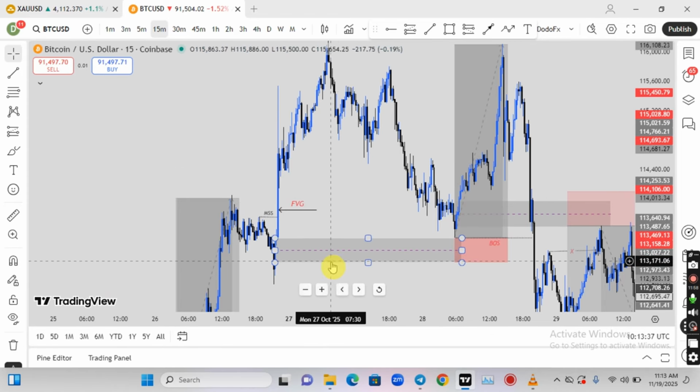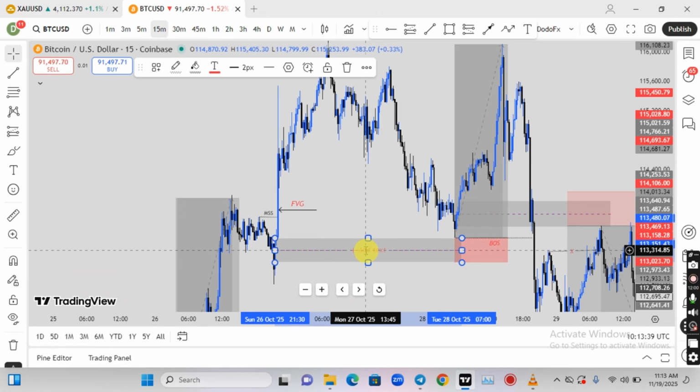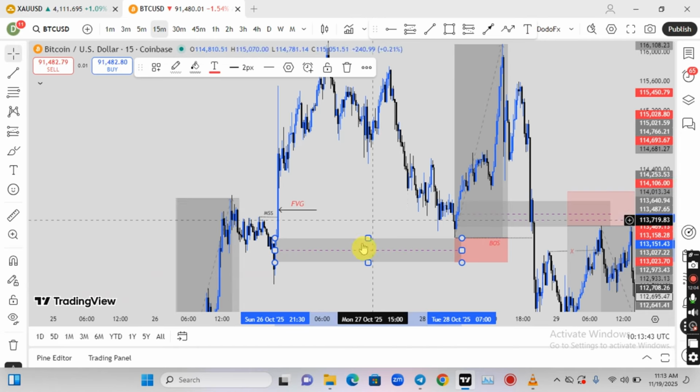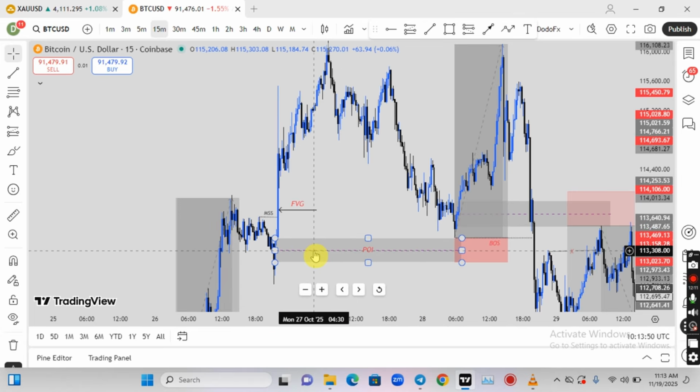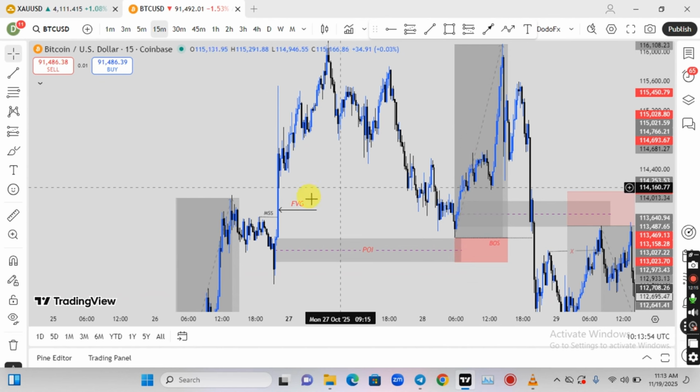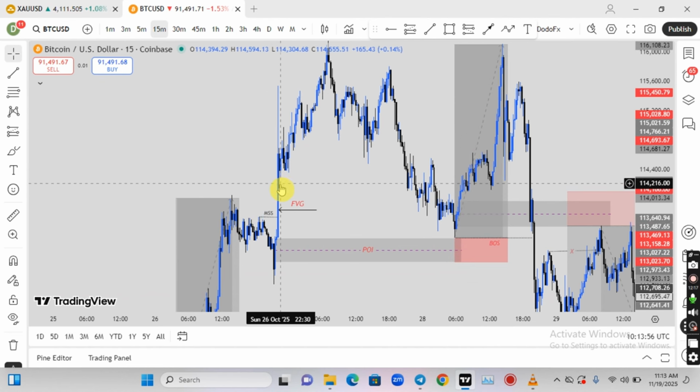Then my point of interest is with these order block zones. Price came back to target it and then went up. So this is my market structure. My first buy was this bearish candlestick here, so you can pick it as your entry, or as your inducement like this.